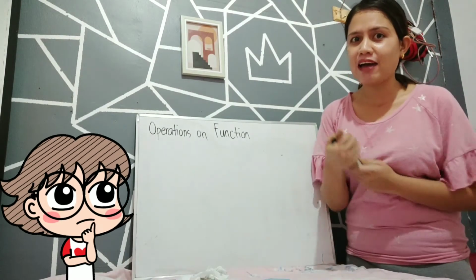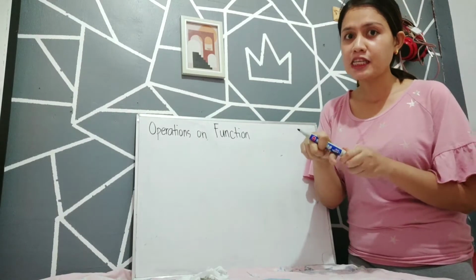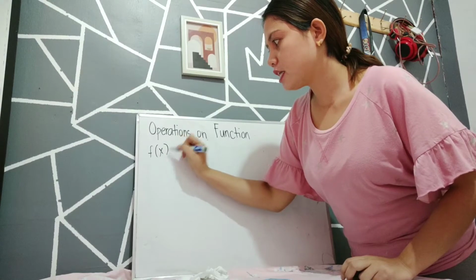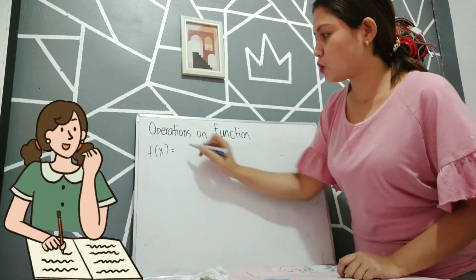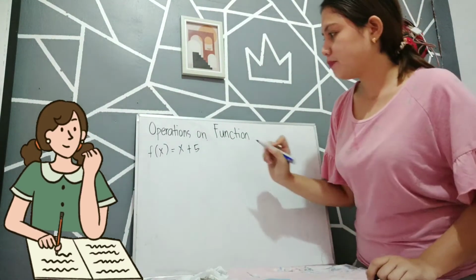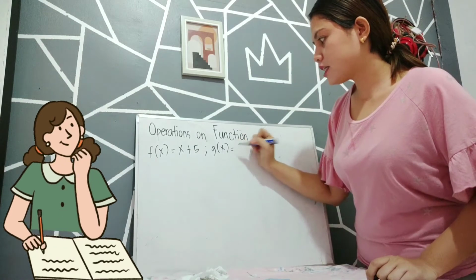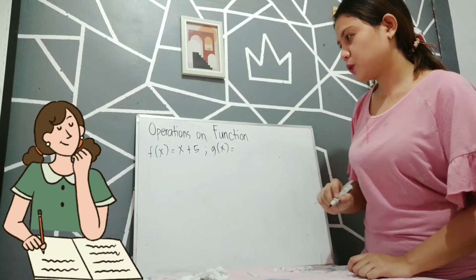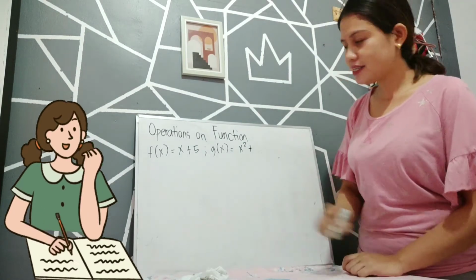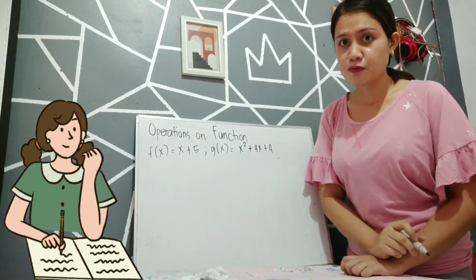Before we have our first example, let's first write some functions that we will use. Let's have f of x is equal to x plus 5. Let's have another: g of x is equal to x squared plus 4x plus 4.